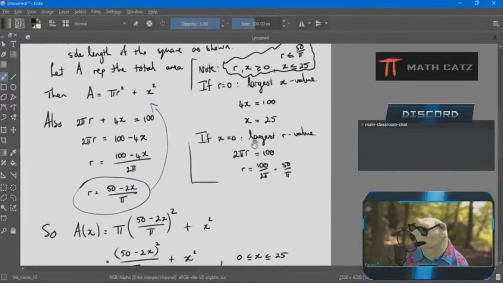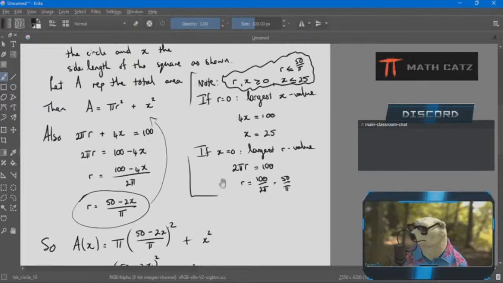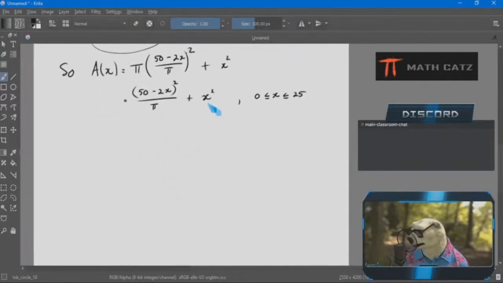Now, we haven't calculated those areas, which we will eventually when we have to list the endpoints and the critical points that we get. So it's good to just keep in mind. I plug those in and I'll get the area for just a circle, just a square, which I need to consider as the endpoints, of course.